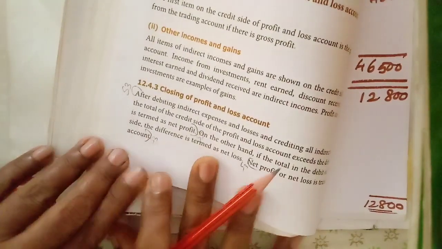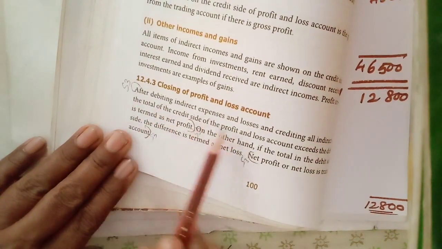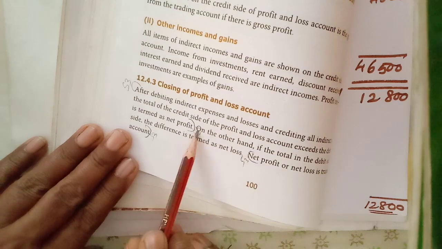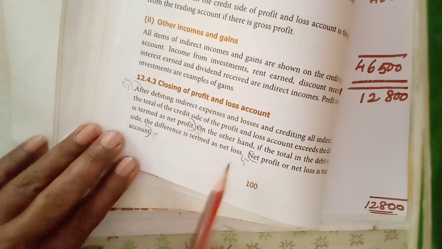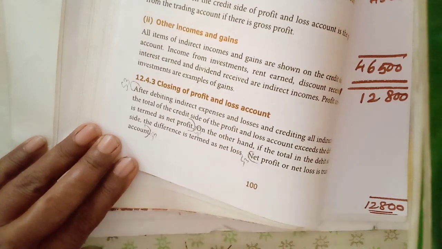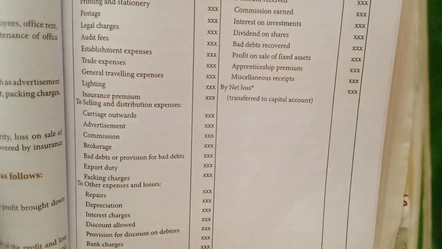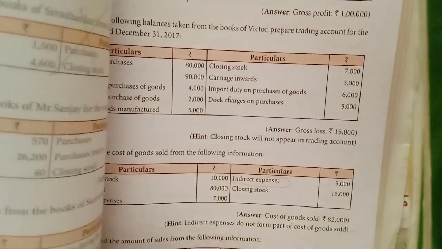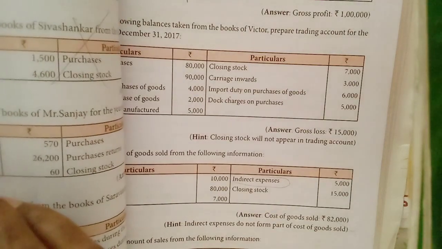Net profit, closing of profit and loss. After debiting indirect expense and loss, up to here, okay, it is termed as net profit. Then the last sentence, net profit or loss is transferred to capital account. Okay, that's all. No need to study that by heart because we are doing the problem, you will know.